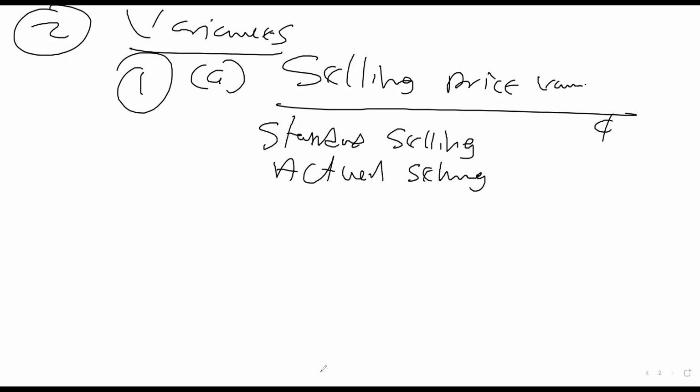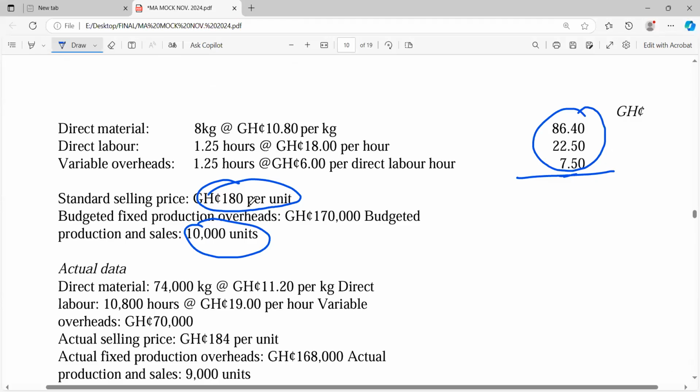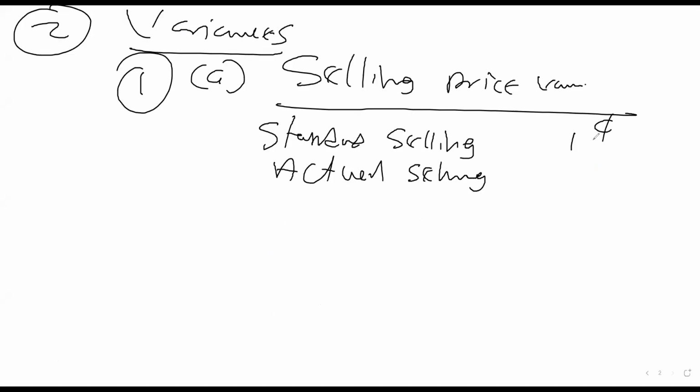Standard, we have it already, 180. What's the actual selling price? Actual selling price is what? 184. 180 against 184. Variance is 4.